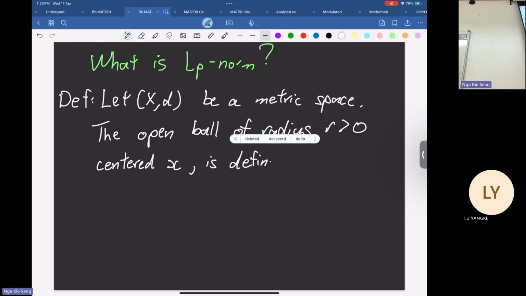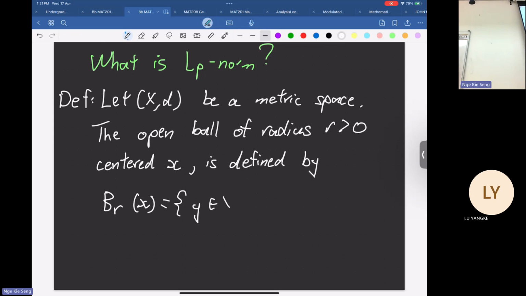You should think that this is after I define the metric, so I need to use the metric here. So how do I define the ball? If it's centered at x, it is all the points that are distance r away from x.